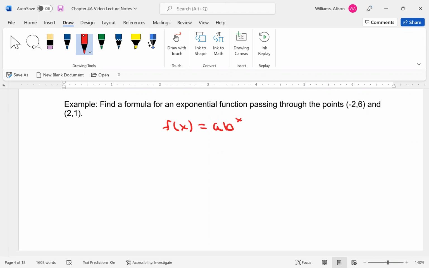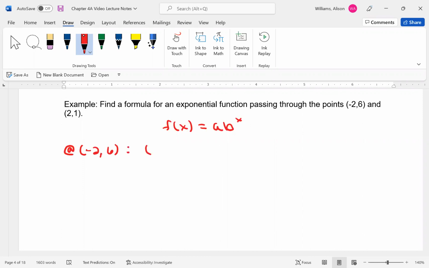Neither piece of information is actually going to give me the initial value, A, or the growth factor, B, or the percent of growth, R. So we're going to have to use the information they gave us to see what that tells us. So let's start by evaluating it at the 2 points. So at the point (-2, 6), I'm going to plug in -2 for x and 6 for y.